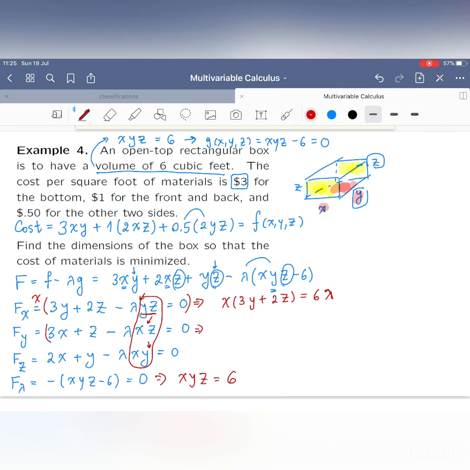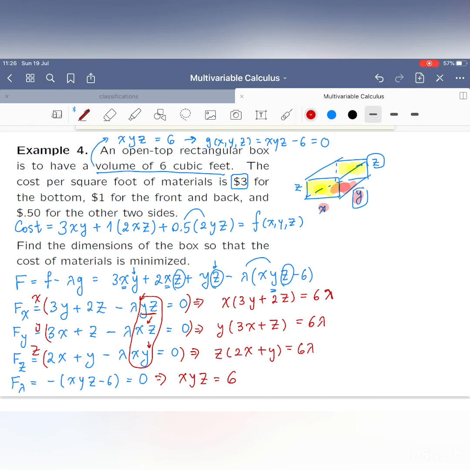This one you multiply by y, so you have y times 3x plus z equals to 6 lambda as well. And the last one, if you multiply by z, you have z times 2x plus y, the whole thing again equals to 6 lambda.